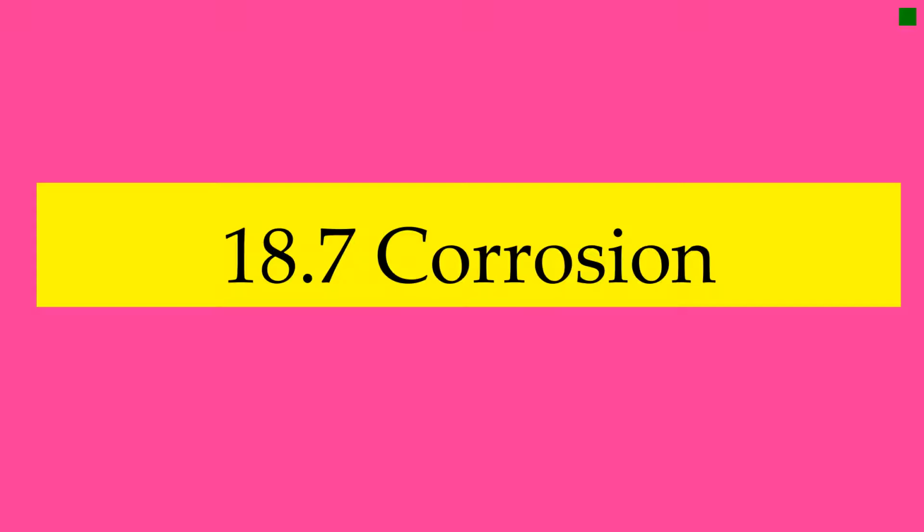You can see it taking place almost everywhere you go: in your garage, in your backyard, outside, on buildings and cars and ships and almost anything. Metals, copper, silver, all those things have corrosion as time goes by.